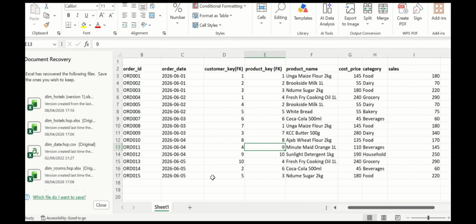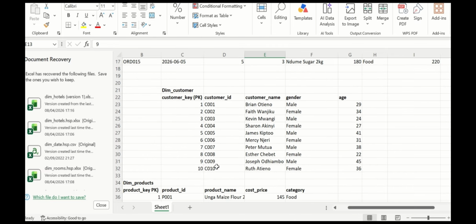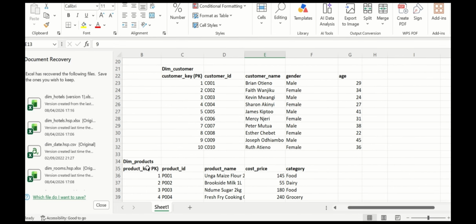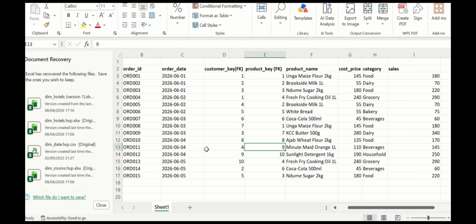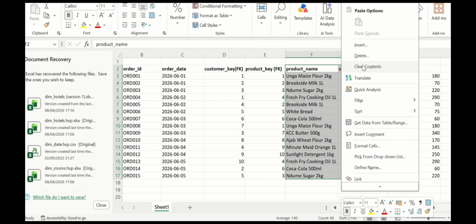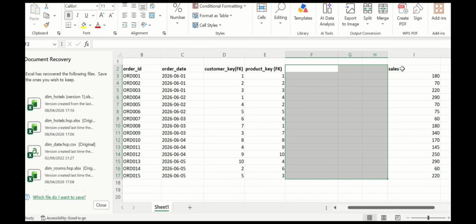So we have replaced the product ID with the product key. And then after this, we are going to remove all the other columns for products. Let's clear the content.